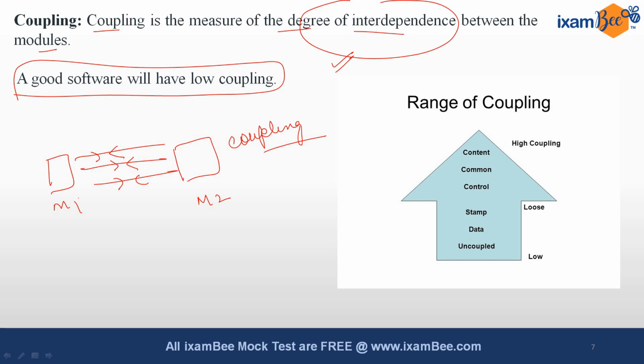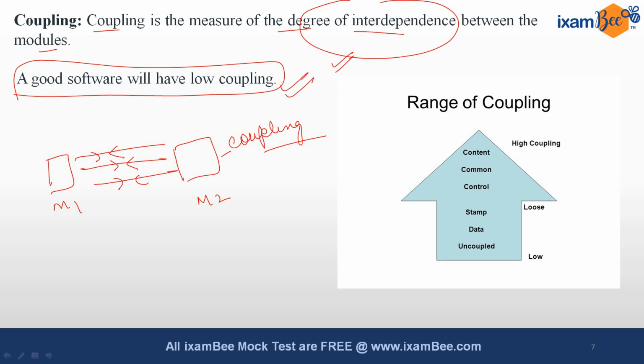Whenever there are modules in a software, there is some level of interdependence. They are dependent on each other, but the degree up to which they are dependent can be controlled. So if you want to make a good software, just make sure that you have low coupling. This point is very important. Just mug it up: for a software to behave as a good software, we should have low coupling.